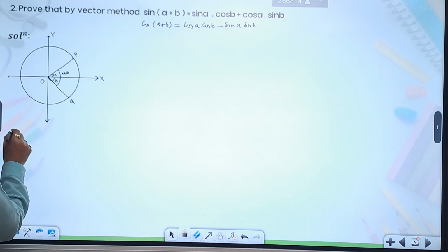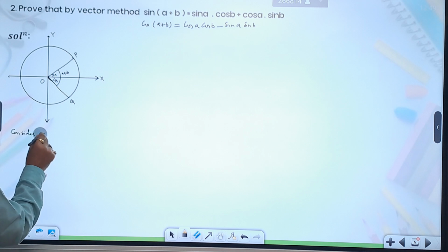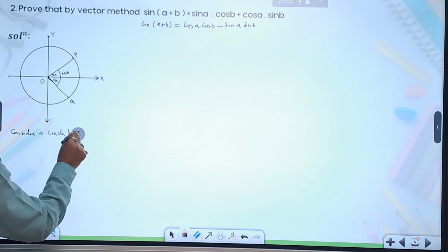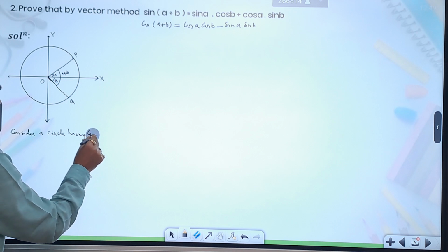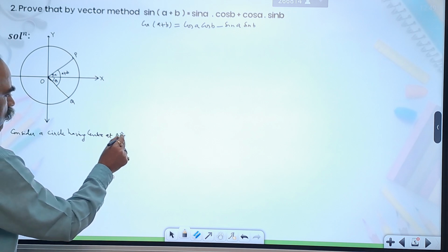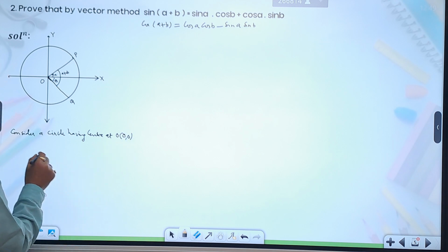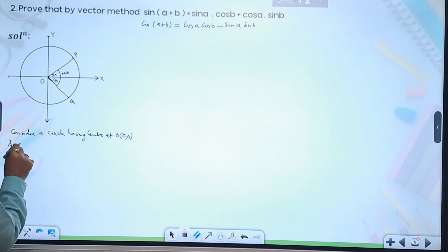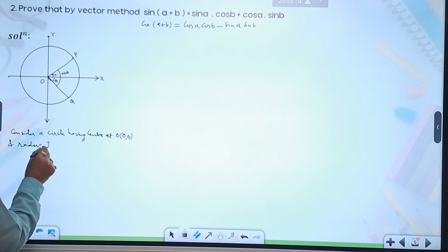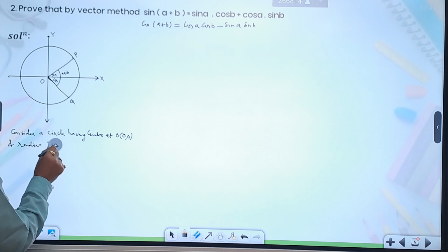Consider a circle having center at O(0,0) and radius 1 unit.